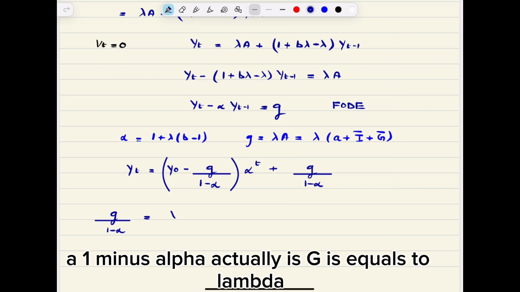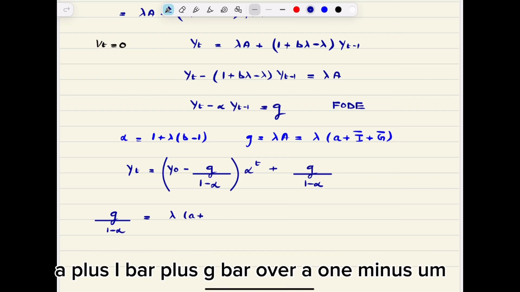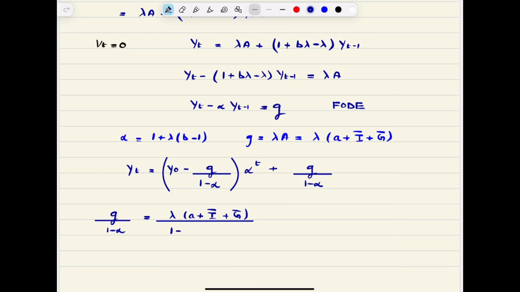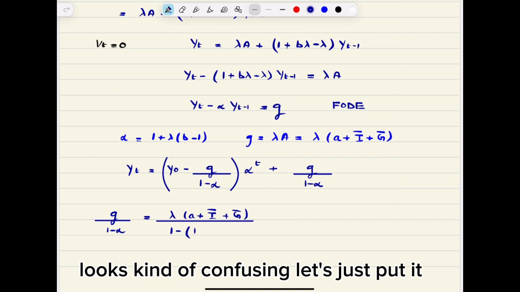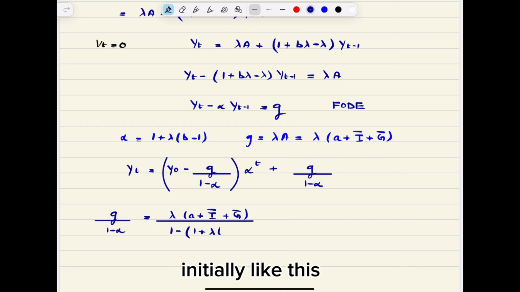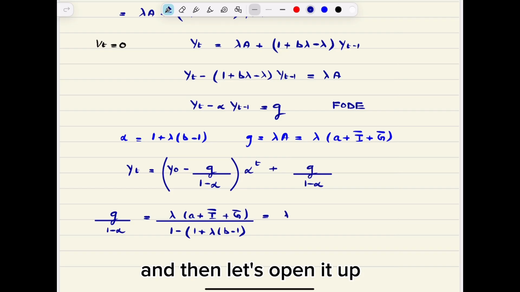g equals lambda a plus I bar plus G bar over 1 minus alpha, where alpha is 1 plus lambda b minus lambda. It looks kind of confusing, so let's just put it initially like this and then open it up.